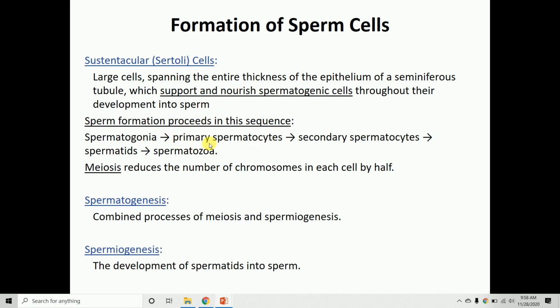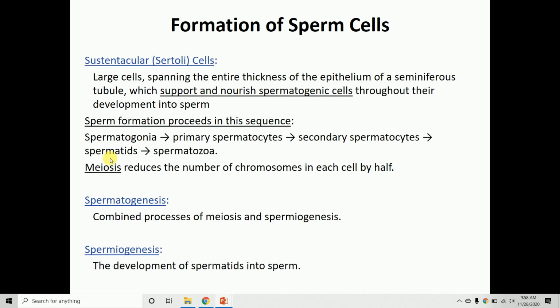It's the primary spermatocyte that undergoes the first meiotic division to become a secondary spermatocyte. Now the secondary spermatocyte divides by the second meiotic division to become a spermatid. A spermatid is a kid sperm. It is not mature.